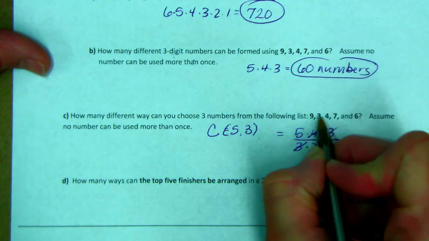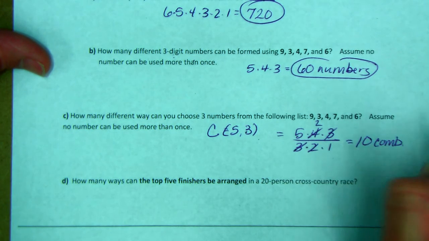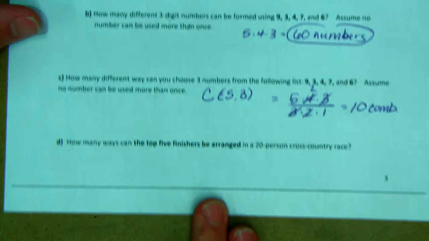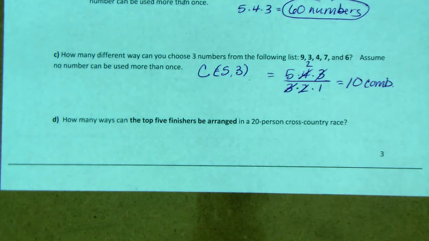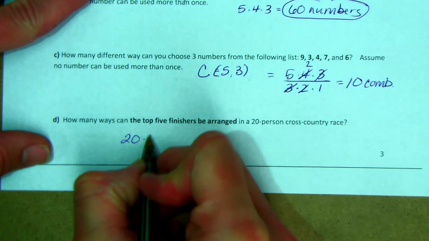The last one, how many ways can the top 5 finishers be arranged in a 20-person cross-country race? Top 5 finishers. Well, remember, the order that they finish is a different outcome because that's a different way to finish the race. So it's going to be 20 times 19 times 18 times 17 times 16. And that is going to be a really big number.